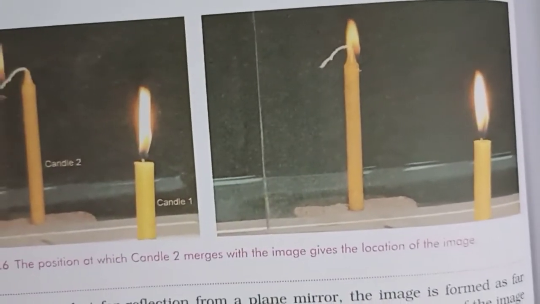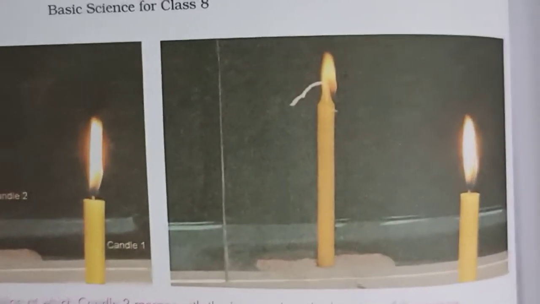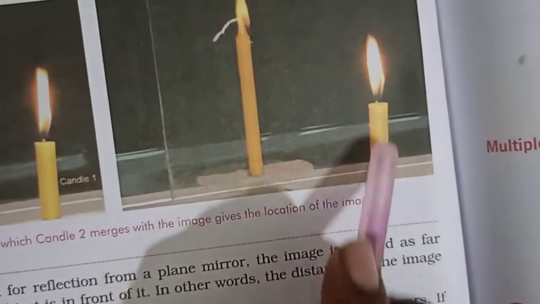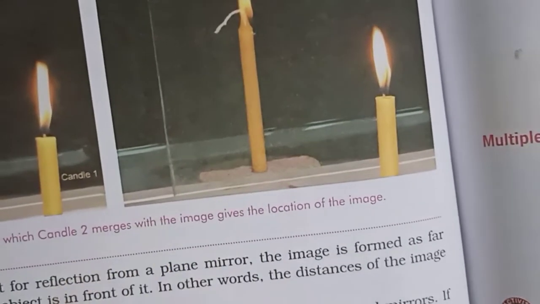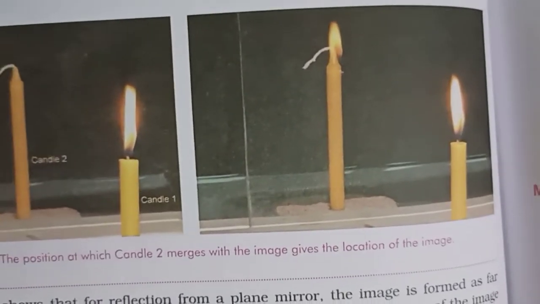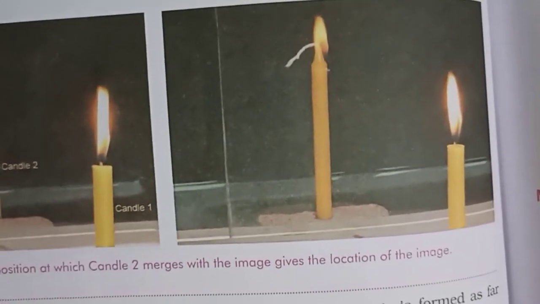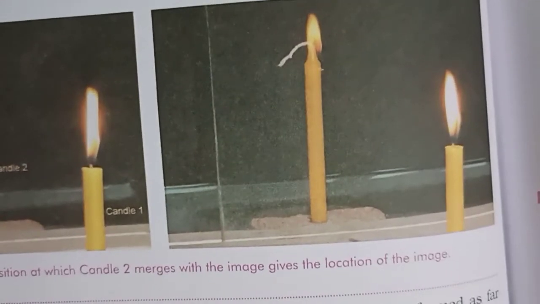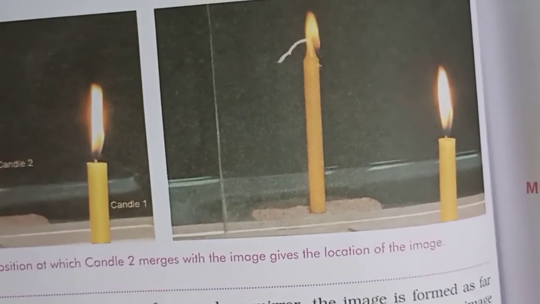And when we measure the distance after doing this activity again and again by changing our position, every time we will find that the object distance is equal to the image distance. So this activity proved that for reflection from a plane mirror, the image formed is as far behind the mirror as the object is in front of it.